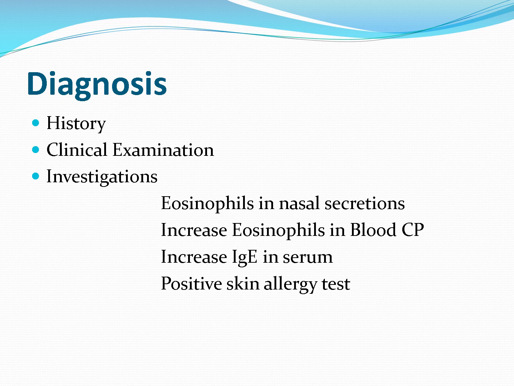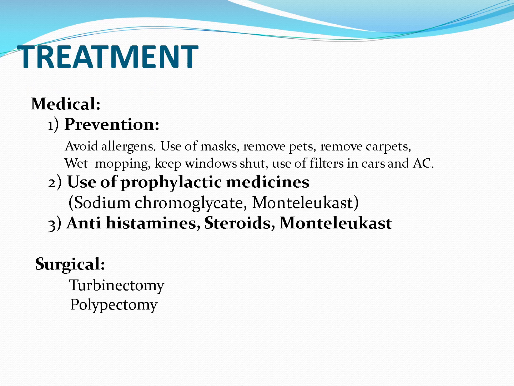Diagnosis depends on history, clinical examination, and then investigations. Important investigations are blood CP. There will be raised eosinophils, IgE levels will be raised, and eosinophils will be present in the nasal secretions. In atopic individuals, skin prick test is positive. In medical treatment, prevention is very important.